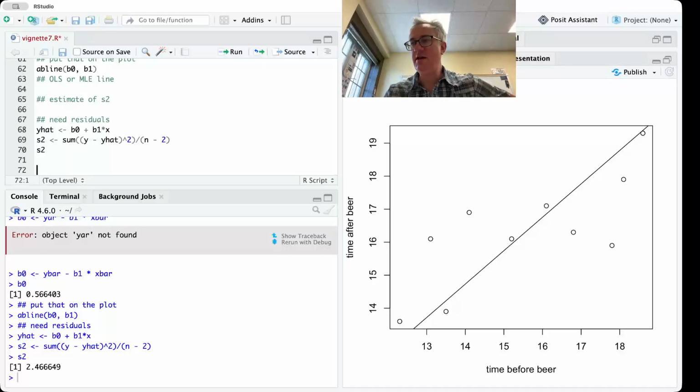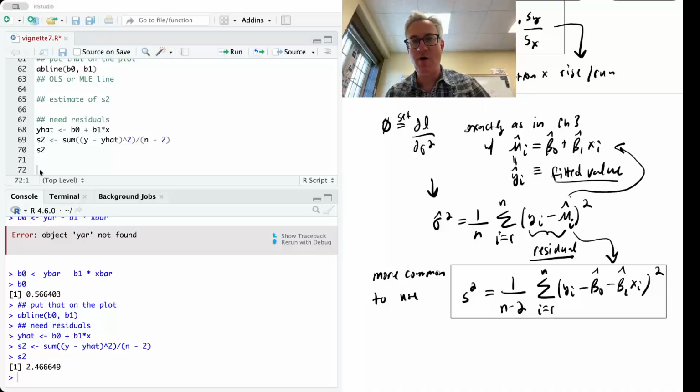Okay, so that's estimation, and the next subject is uncertainty. So how do we test hypotheses with these estimated parameters? Okay, so let's go back to the whiteboard.